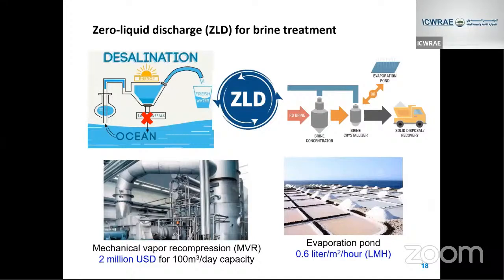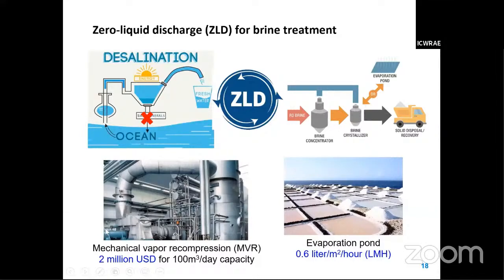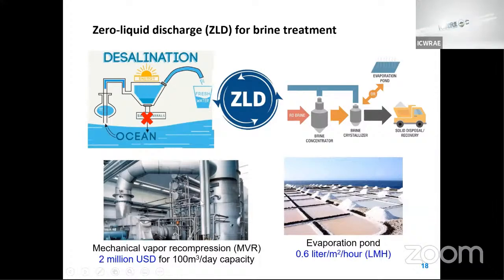Well, we do have technologies available for us to do zero liquid discharge. However, the bad news is that those technologies are either very expensive in capital investment or require large land for treating the same amount of brine. So my research has been working on trying to come up with a third option.